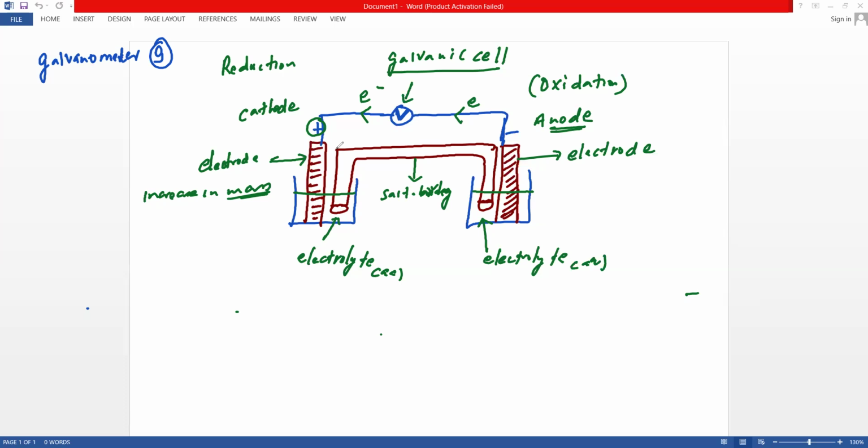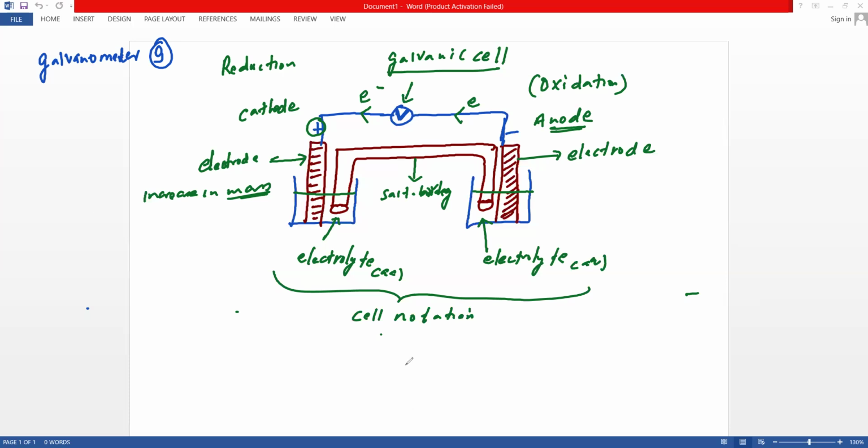Now there are some instances where they say we can represent this galvanic cell, not in this structure, but using something called the cell notation. So a cell notation is just a way of representing a galvanic cell, not by actually drawing, but in the form of symbols. So this is how we represent a galvanic cell.